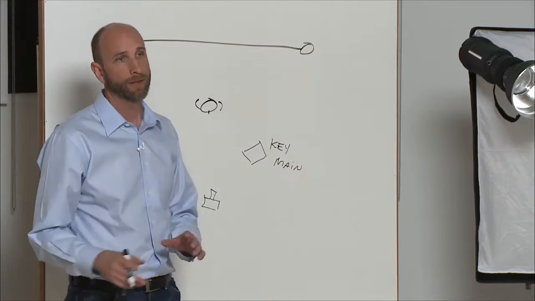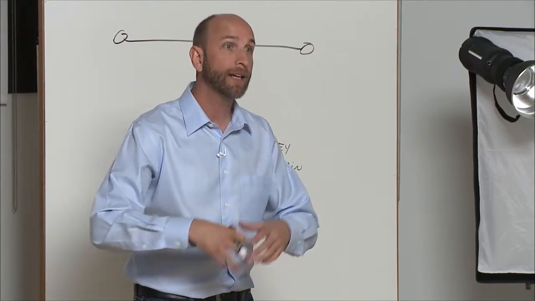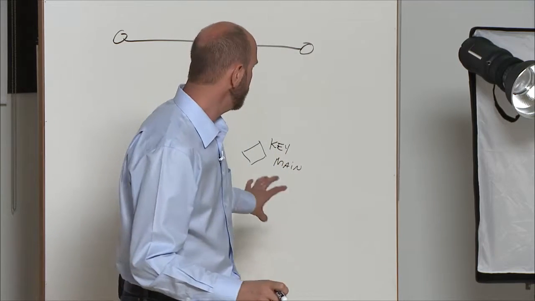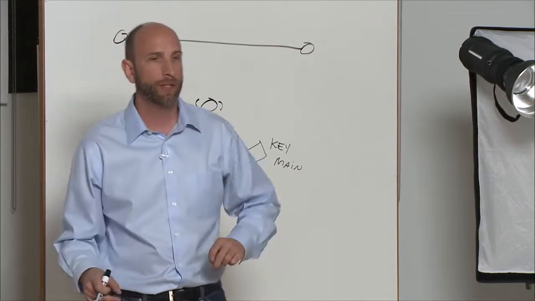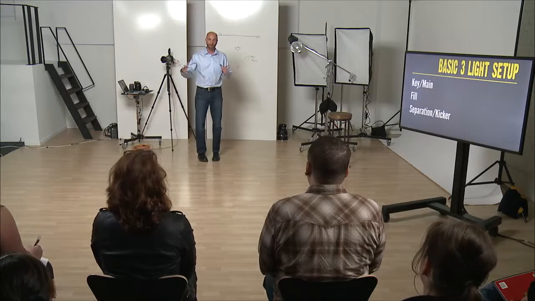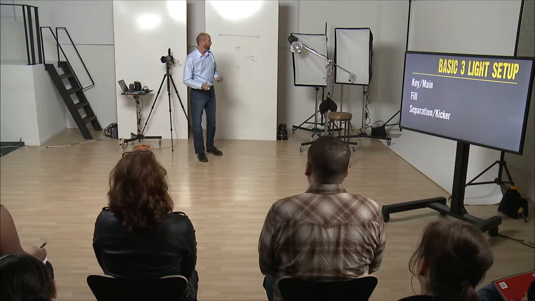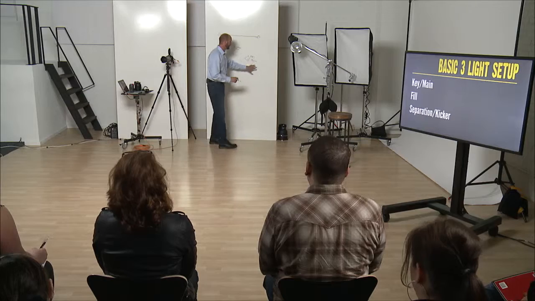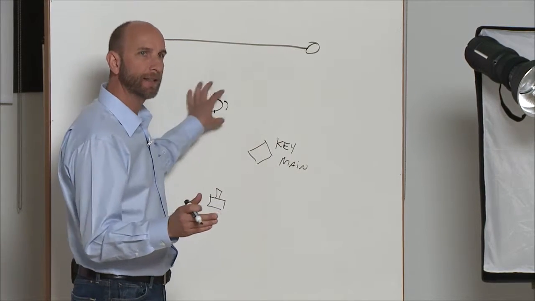And it doesn't matter if you have 50 lights or one light. You always have to have one light that sort of anchors everything you're doing. And this could even be natural light. So this might be a window, or it could be the sky, it could be whatever. But there's something that has to be the thing that anchors your entire lighting setup. And so what I suggest that you always do is start with one light and get that dialed in before you add anything else.